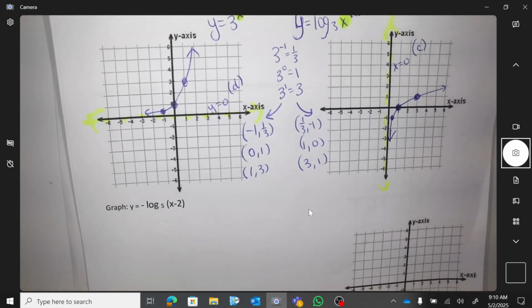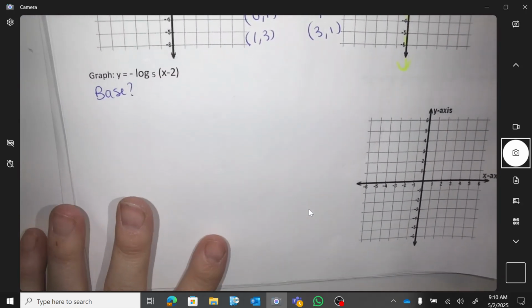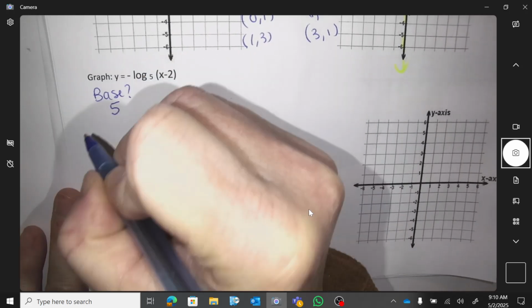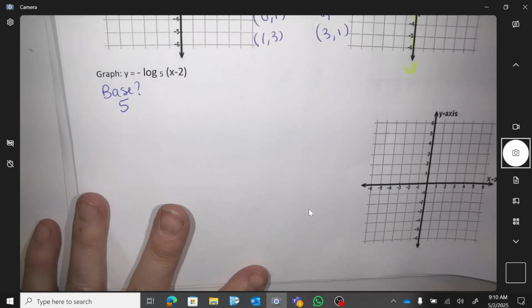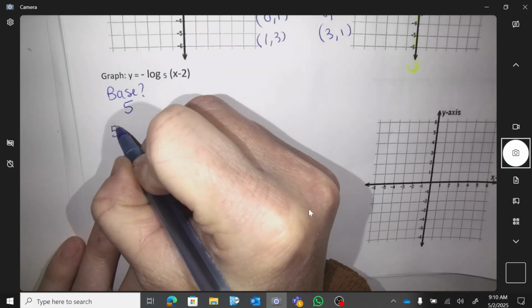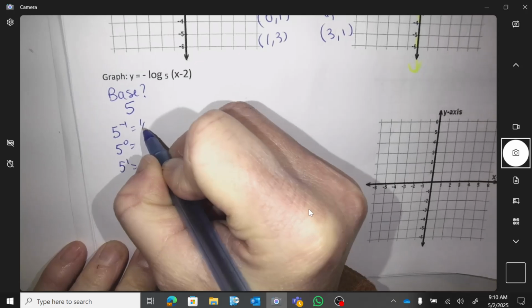Okay? All right, here we go. We're going to graph this. So my first question is this. What is the base? Your answer should be that the base of this is 5. So we do what? 5 to the negative 1, 5 to the 0, 5 to the 1.